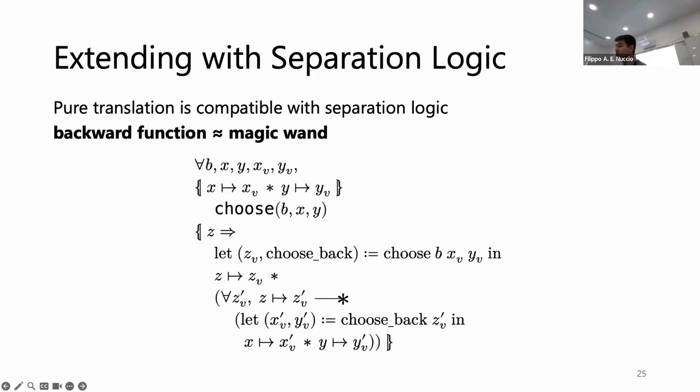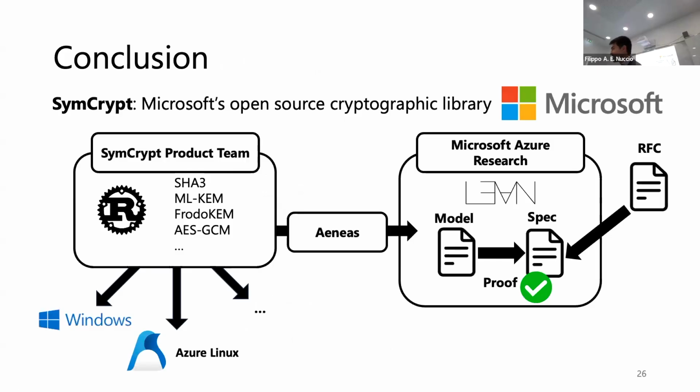Essentially, choose consumes two pointers and gives you a pointer whose value is given by the translation, plus a magic wand that you can apply when you end the lifetime. And it gives you back x and y where the values are given by the backward function. So there is this very natural link, and we want to exploit that to connect what we do to this more expressive subset by using separation logic. Okay, that's it. Thanks for your attention.